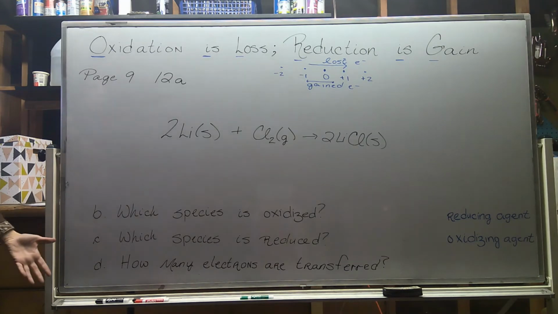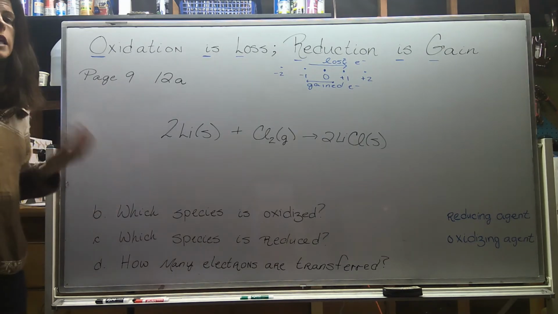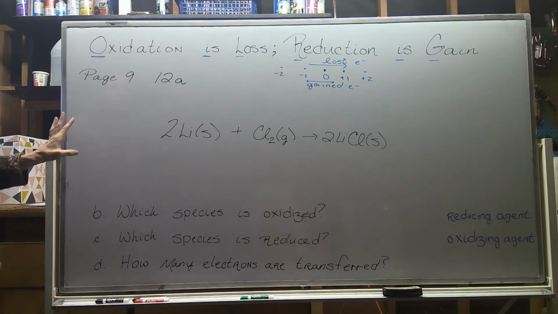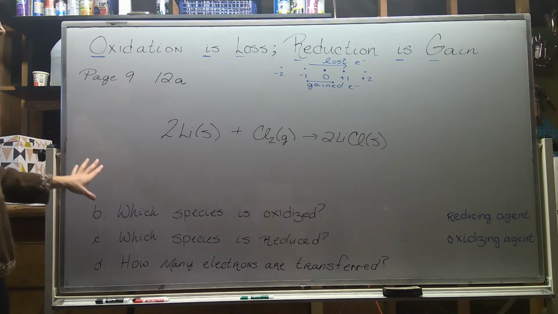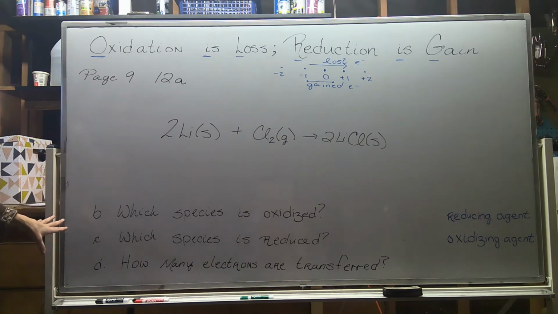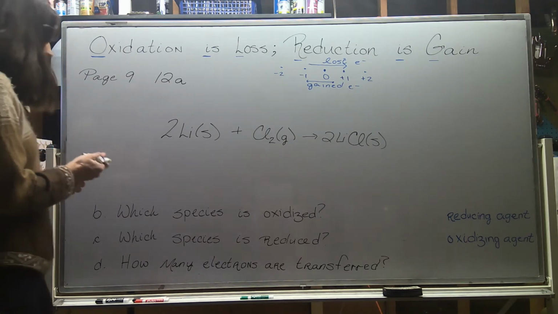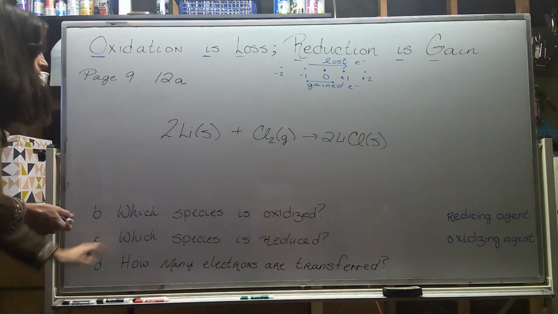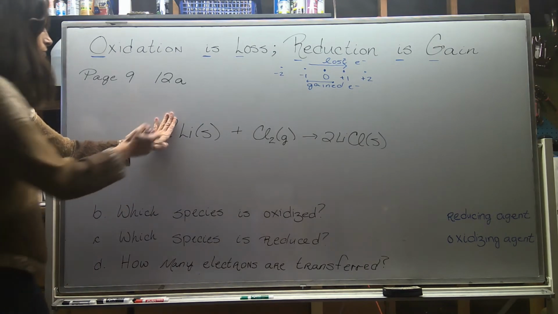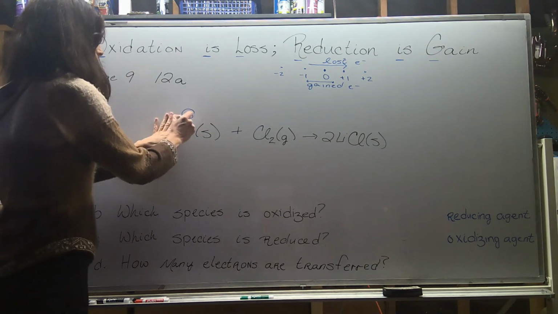Alrighty, on to the next page. This is 12A. Even though it wasn't set up the same way as the problems on the previous page, I do like this format, and it's pretty typical of what you'll be asked when you're asked to analyze a redox reaction. So I'll keep it the same for these two. Ignoring the coefficient, I'm going to do a 0 on my lithium.